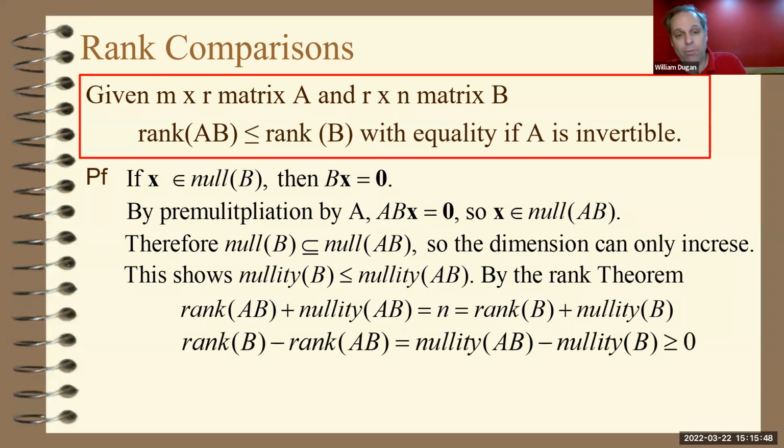For example, the rank of B minus the rank of A times B has to equal, because of the equation I just gave you, the nullity of A times B minus the nullity of B.